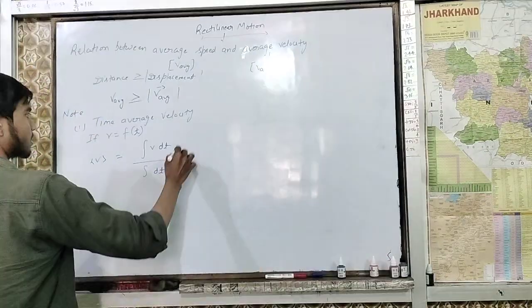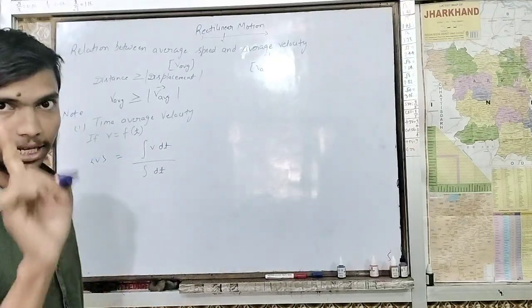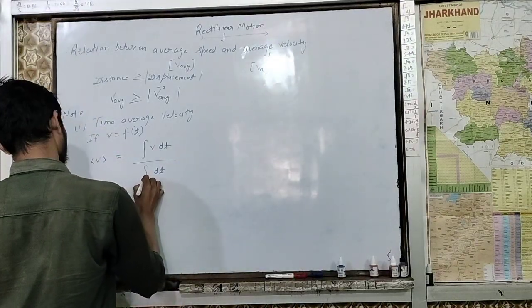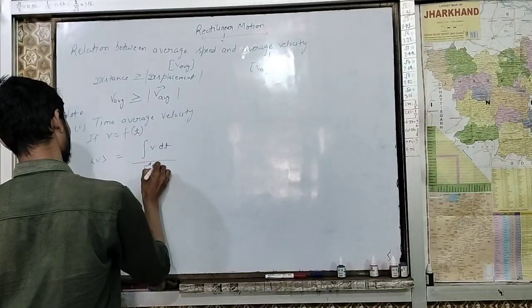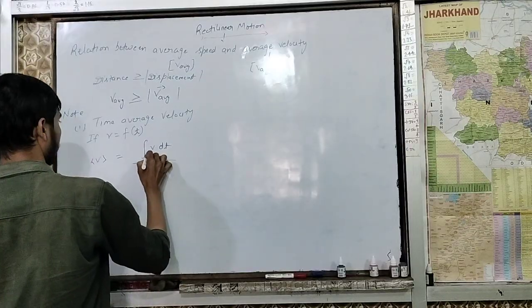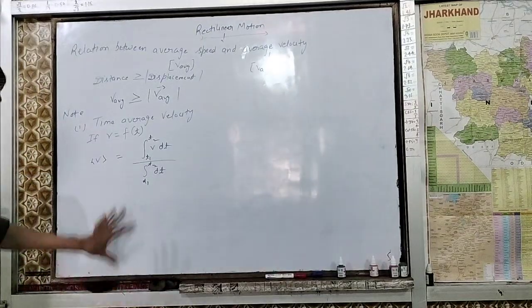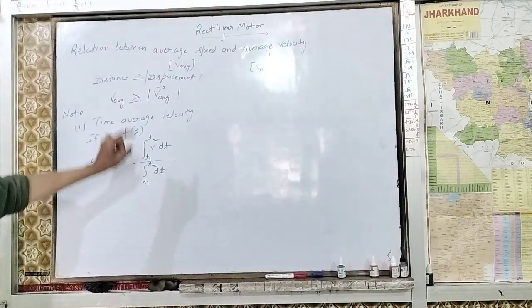In this small part, t is a function, that's why we are writing t1 and t2, same over here. Clear?